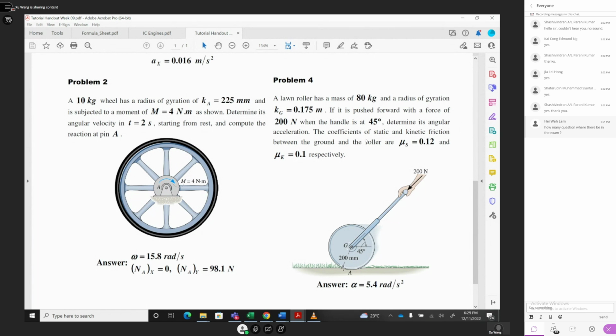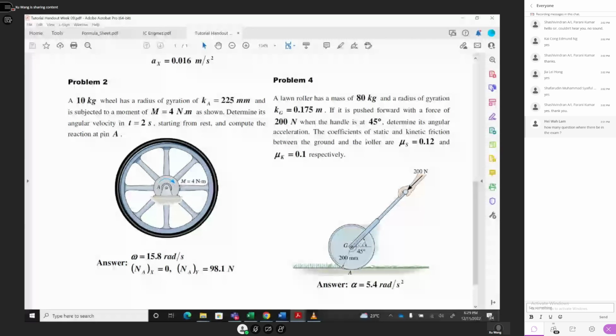There are 3 forces in the vertical direction. But horizontal, you have 200 cosine 45, this is one component here, and also you have friction. You move this direction, friction should go this direction. So you have 200 cosine 45 minus this friction equal to ma.